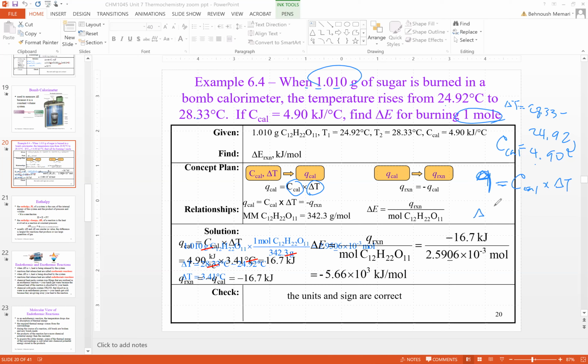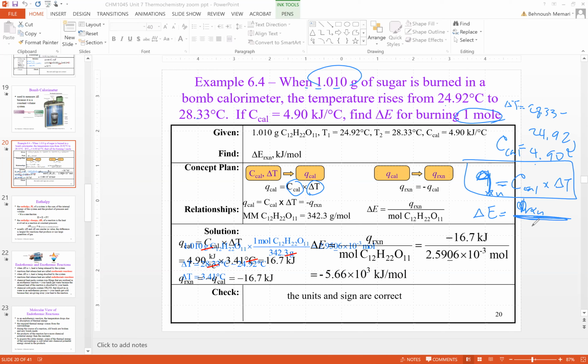But we want to find out how much it is per mole. Basically it is asking to find the value for delta E, which is per mole. For delta E, we need to find the Q for this reaction, which we get from this equation: 4.9 times delta T, the difference between the two numbers. And then we are going to find the mole.